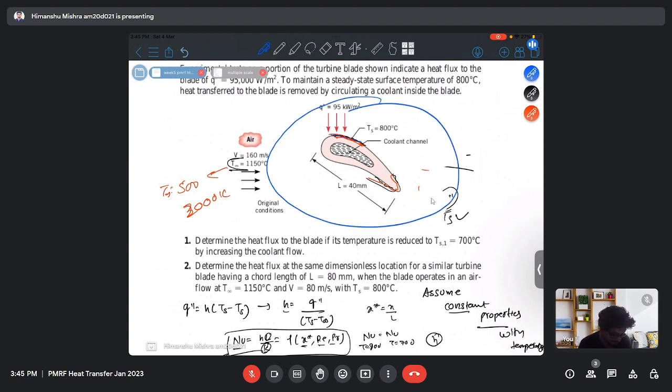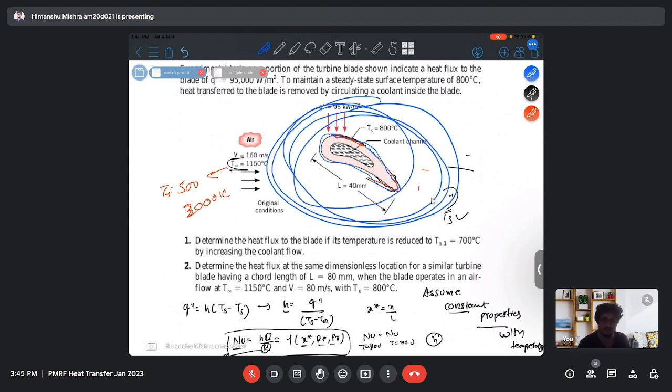But if you increase or decrease the surface temperature, there might be some change very near to the surface, but not around this body. So the fluid property around this body will be constant.